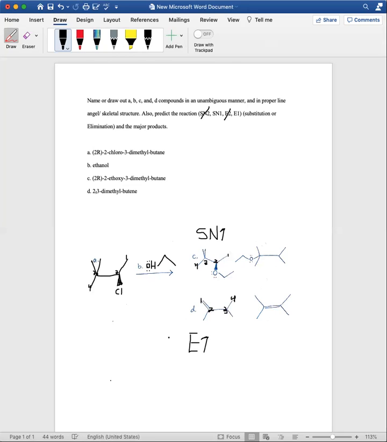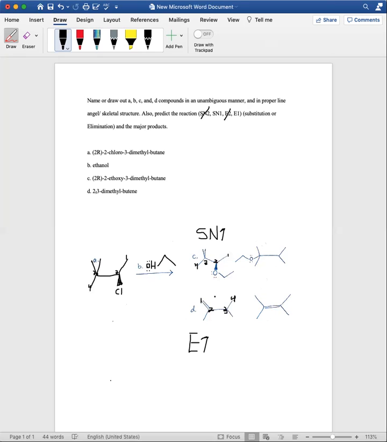Okay, very good. So now we have to predict which one is the major product between those two. So we have two products for SN1 and two products for E1. But how can we figure out which one is the major product?